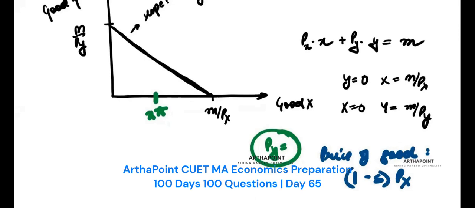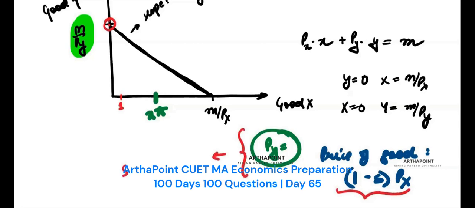Price of good Y is the same. If you spend your entire income on good Y only, nothing changes. You will be here only. But the moment you buy the first unit of good X, instead of paying PX, you will be paying a lower price. So the slope of this budget line will be (1 minus S) into PX upon PY.